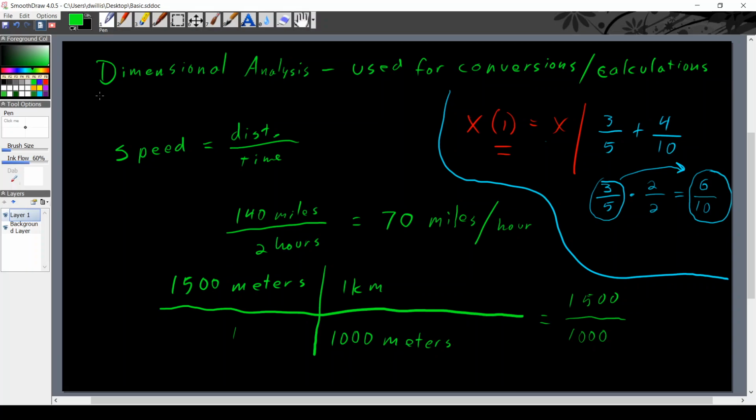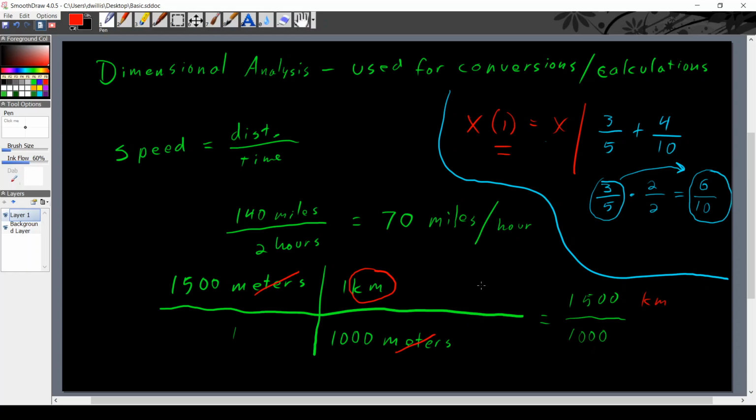Here's what I want you to see. My meters are in both the numerator and the denominator, and so they will cancel out. And I'll be left with only kilometers. So I have 1,500 divided by 1,000. Oh, well, 1,500 divided by 1,000 is 1.5.